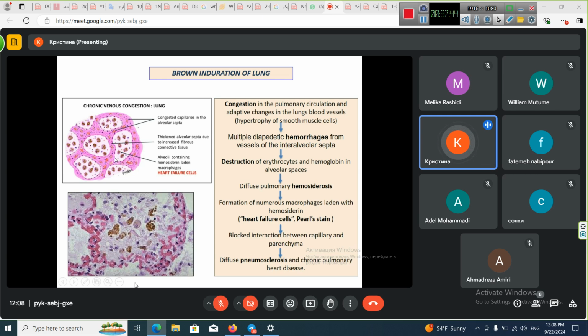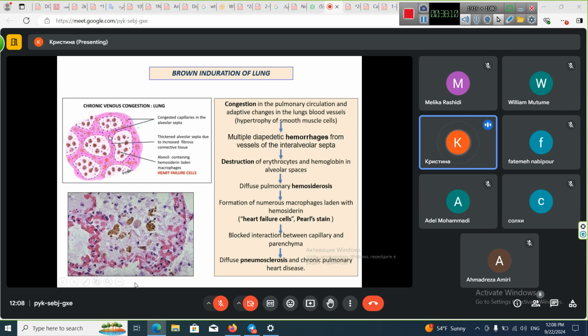What else happens? The thickening of the wall of the alveolar septa. Septa means the wall between two adjacent alveoli. You remember that normally it should be very, very thin, but now it becomes thick because of overgrowth of connective tissue around blood capillaries in this wall.